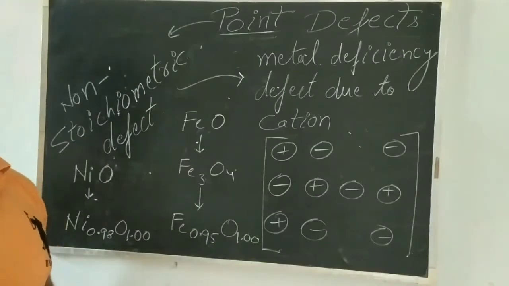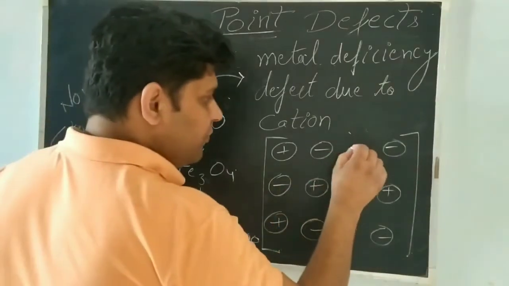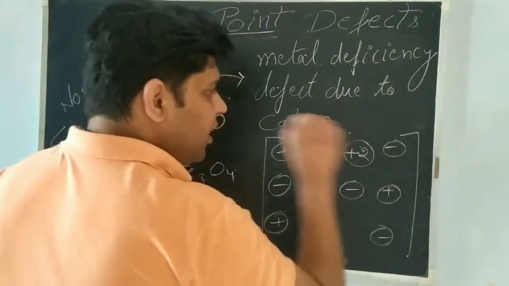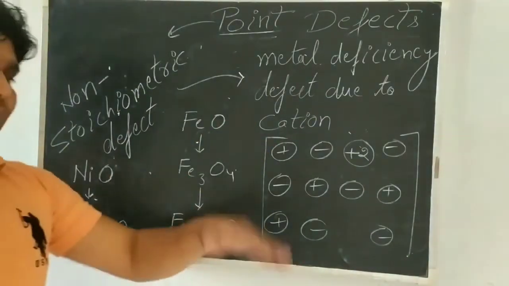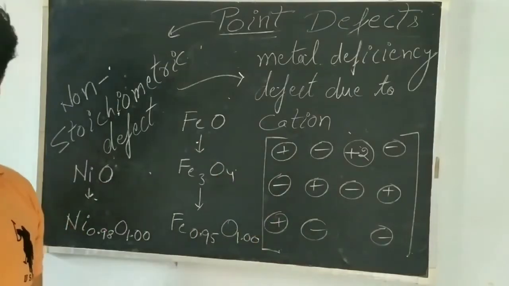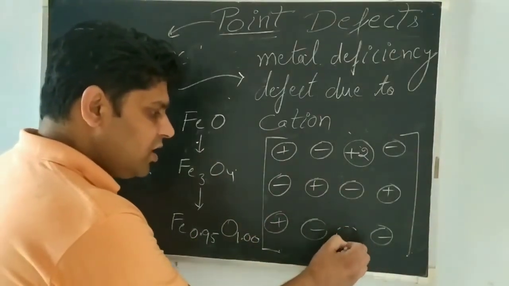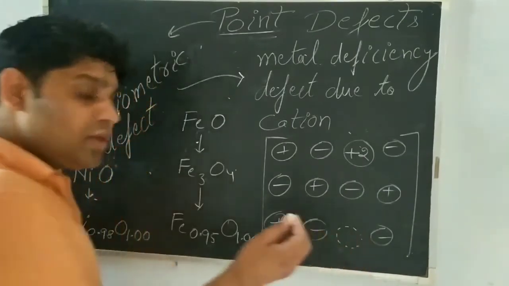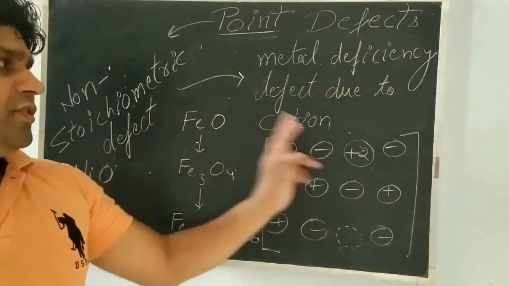To maintain the neutrality of the crystal, we have to add 2 positive charges, but with the help of only one cation having two positive charges. Two positive charges were removed and two positive charges are added, so the total charge is the same, but one vacancy is created for the cation. So total charge doesn't change, but the number of cations decreases. So this is called deficiency of cation.